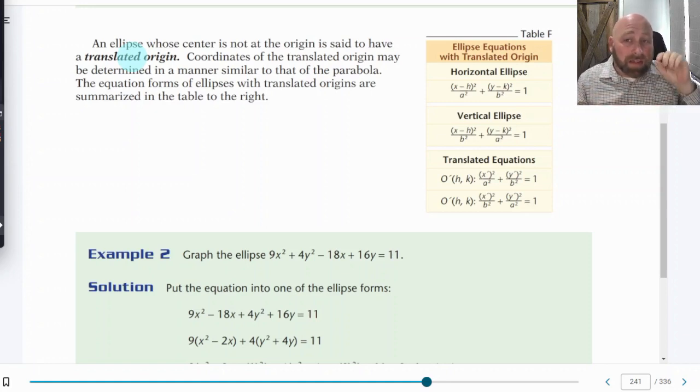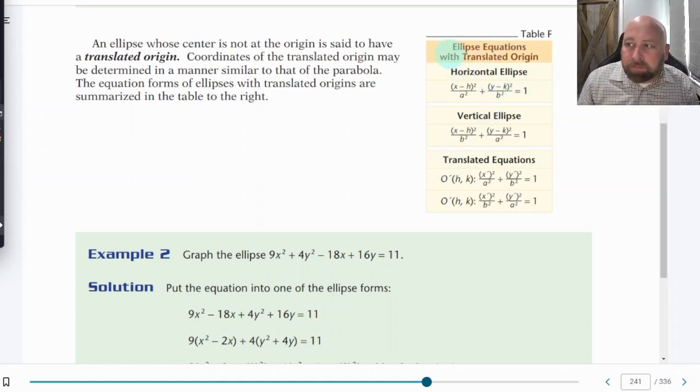You basically take it from 0, 0, and then you put another crosshair, another origin, if you will, wherever the translation occurs. I think you'll see what I mean when we actually graph this one. So we'll leave it at that for now, but that's where we're going at the end of the video. We'll be doing that.